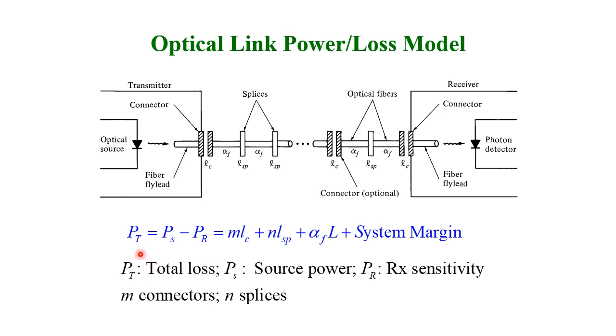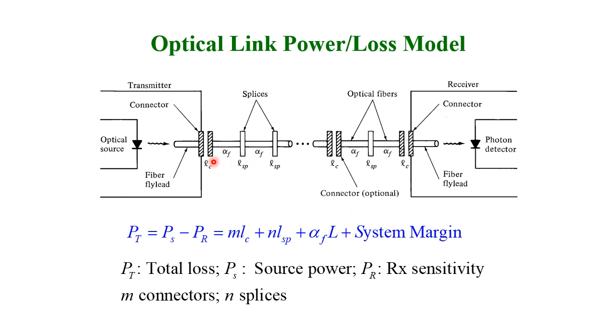Total power loss is equal to PS minus PR, where PS is the source power and PR is the receiver sensitivity, which is also equal to M LC, where M is the number of connectors used in the link and LC is the connector loss, plus n, the number of splices in this link, times LSP, the splicing loss, plus alpha F into L, where alpha F is the fiber attenuation coefficient and L is the length of the fiber.